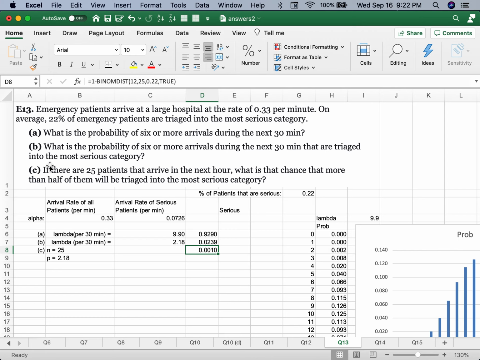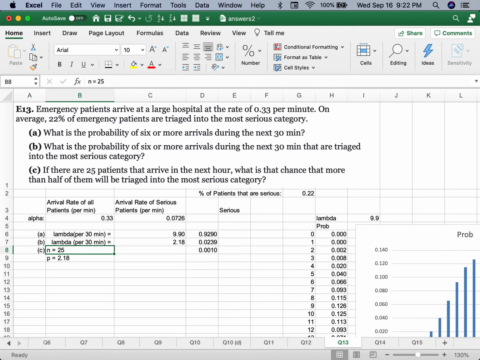The next part, C, says if there are 25 patients that arrive in the next hour, what is the chance that more than half of them will be triaged into the most serious category? Okay, this isn't Poisson anymore. Now we're talking binomial, because each patient is either serious or they're not.